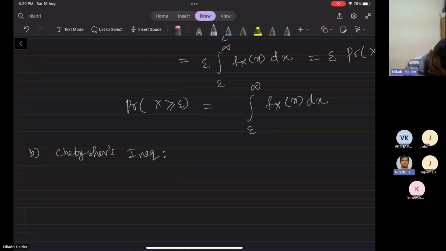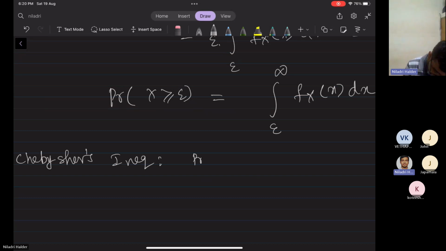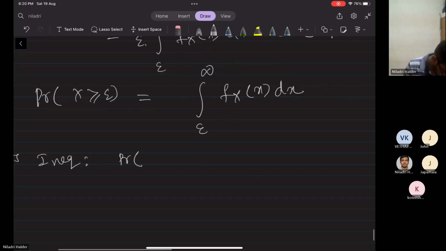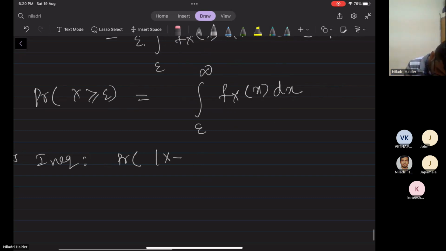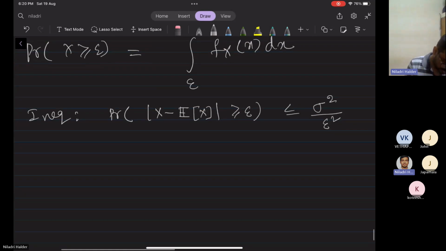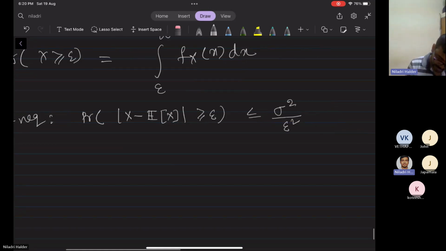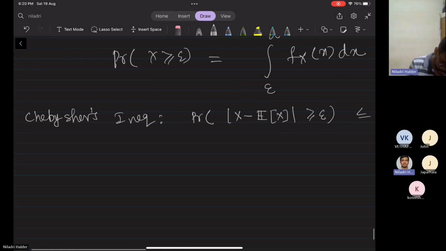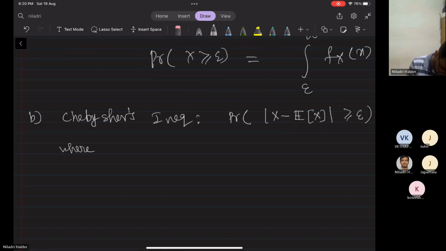The probability involves sigma square, where sigma square is the variance of x.